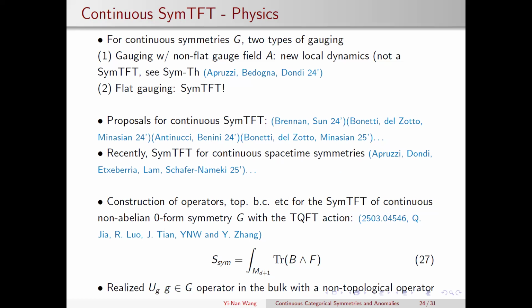So yeah, I'm not sure, because I think the flat background gauge field is still a good model of a general anomaly for continuous groups. I'm just saying that it's probably not captured by the F-move. But any flat background can be captured by a topological defect network.